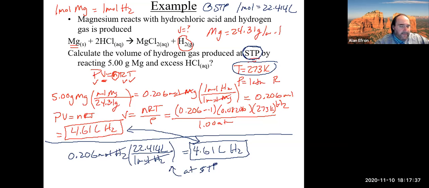Any questions on how to solve those two different ways? It just shows you, like most things with gases, if you can't remember a particular formula, a lot of things fall back to the ideal gas law as well.